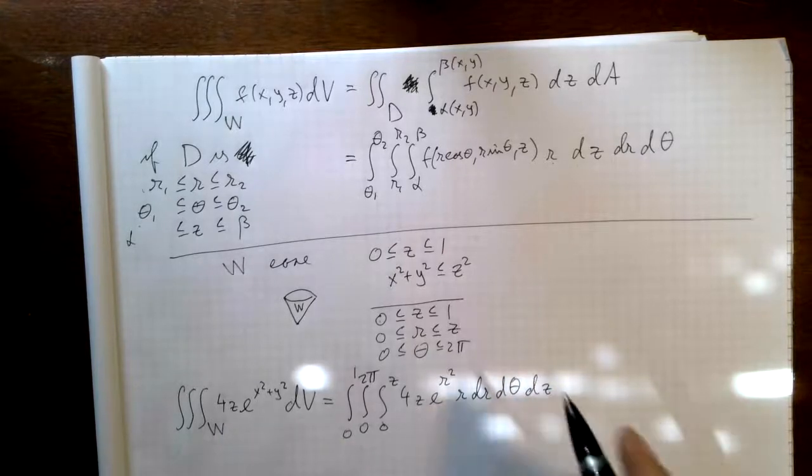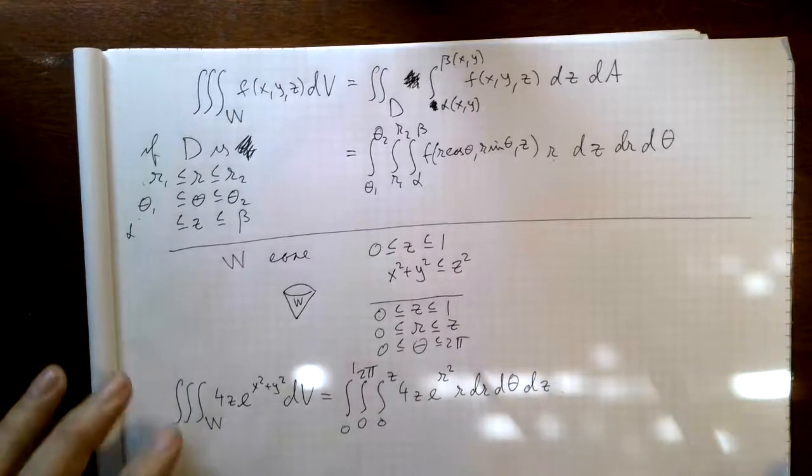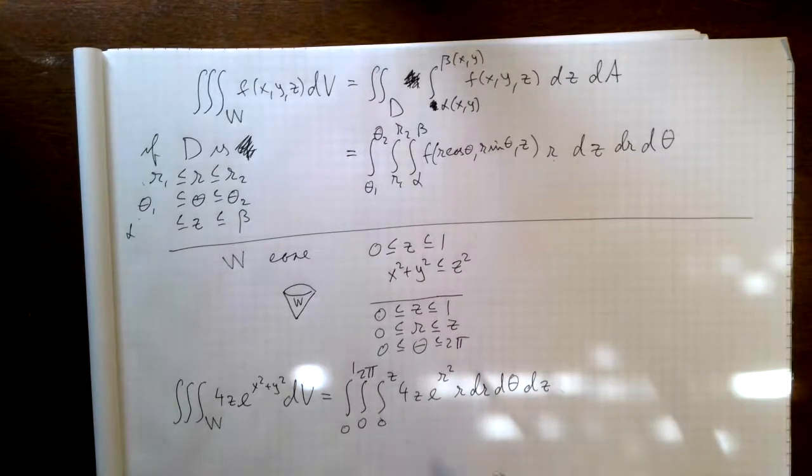And now we can start integrating. This is now actually three, well, really just two functions. There's no theta, but you can think of there's a function 1 out here, which is a function of theta, and so I can rewrite it as a product, because it's a function of z times a function of r.